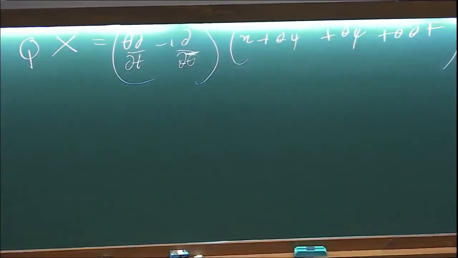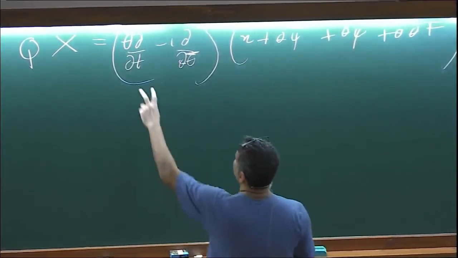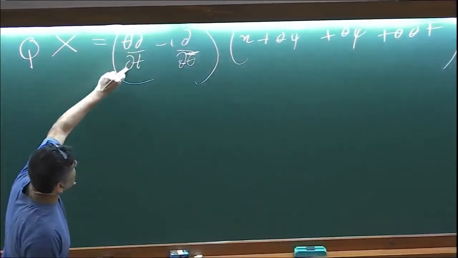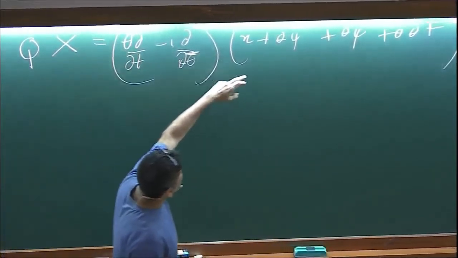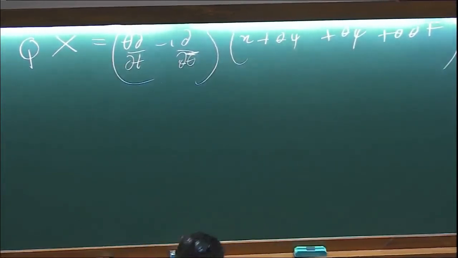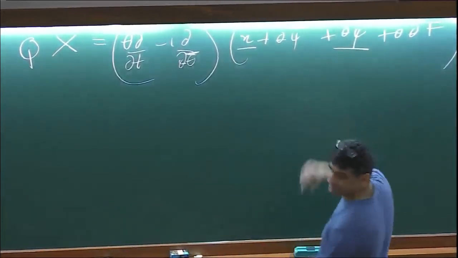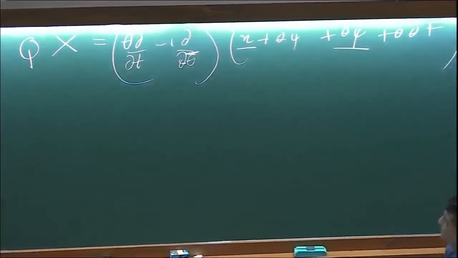Okay, now let's just work this out term by term. See, this del by del t term cannot act on any term that already has a theta, because then we'll get theta squared. Okay, so the only term that it can act on is this guy and this guy. Is this clear?